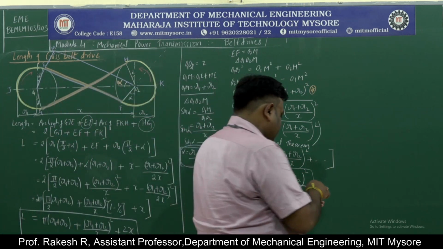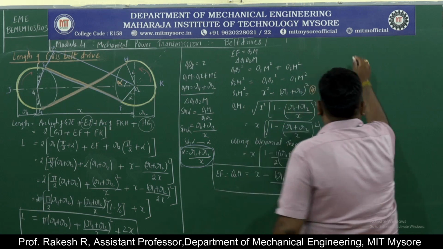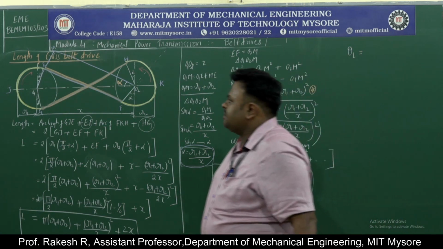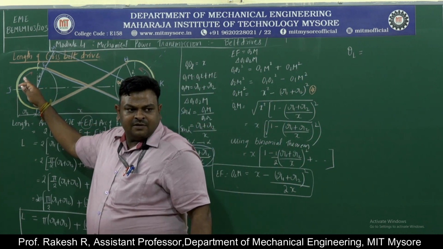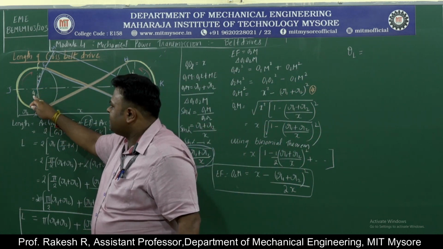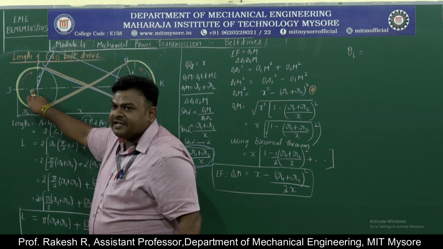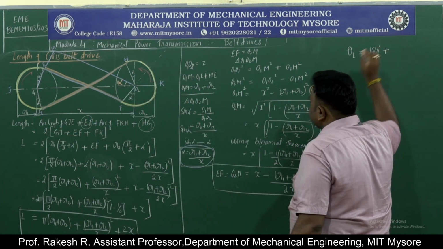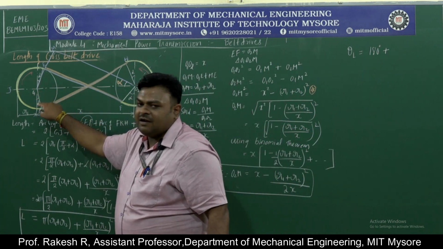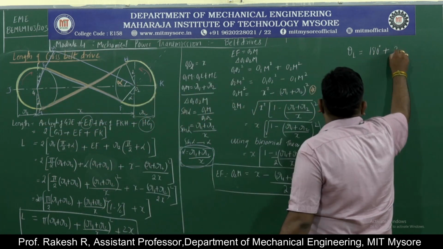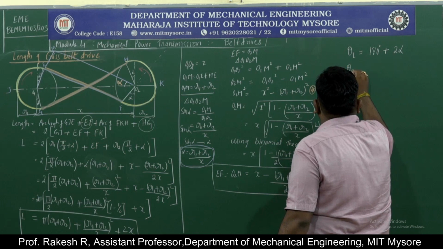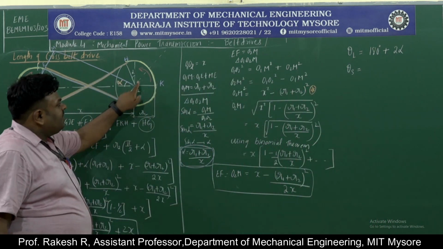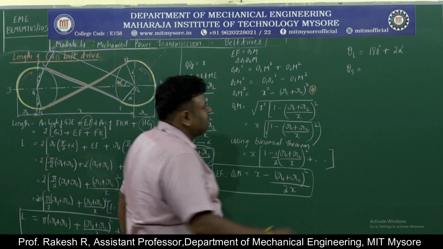Very important thing you have to remember again here is angle. What is the angle of contact for larger pulley? So this is a larger pulley or driver. What I will be doing is total angle is 180 degree plus alpha. So 180 degree plus 2 alpha. For smaller pulley, 180 degree plus 2 alpha.